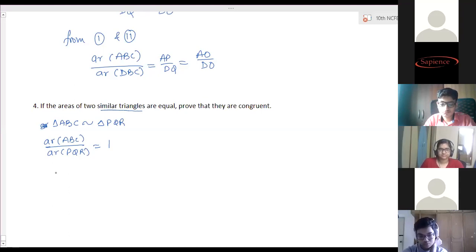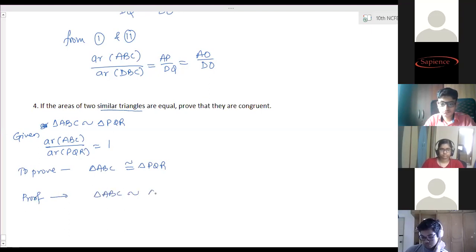Now we have to prove they are congruent. This is the given part. To prove: triangle ABC is congruent to triangle PQR. Proof: triangle ABC is similar to triangle PQR, they have given.